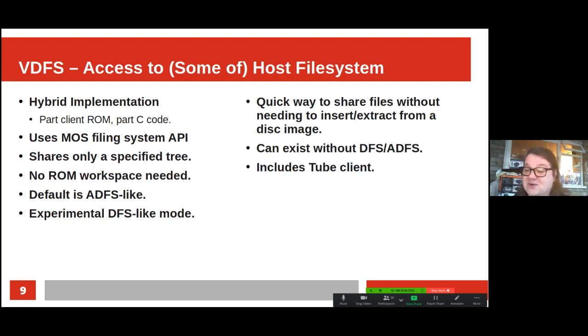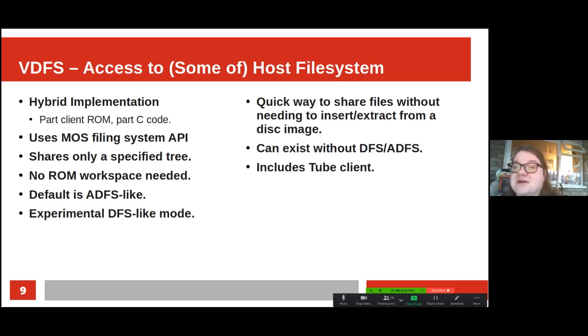But it can also emulate DFS. Once you've navigated to the directory you want to use, you can flip it into a DFS-like mode, where it will show single character directories and otherwise behave more like DFS. We'll come back to this, I think, later on, and this is one of the things I'm going to demo.